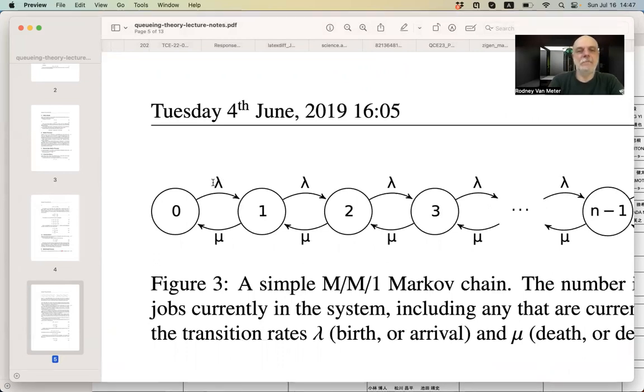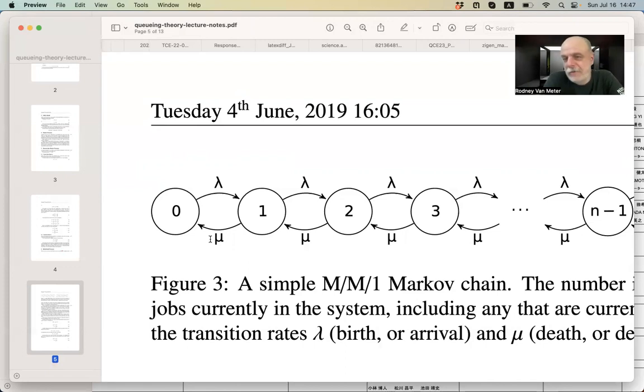This lambda and mu in the figure represent the arrival of a customer, which we call birth, or the departure of a customer, which we call death. So these are called birth and death processes. And the number in the circle, or the state here, represents the number of customers who are in the system.